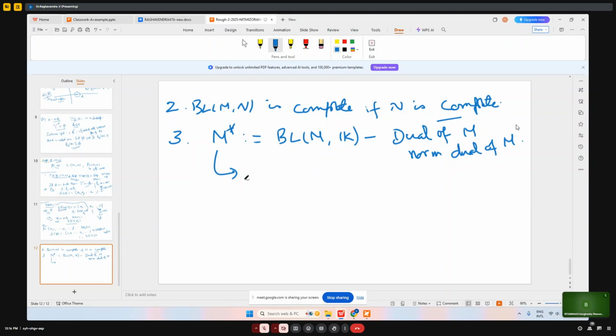These are linear continuous functionals from M to C, or K.